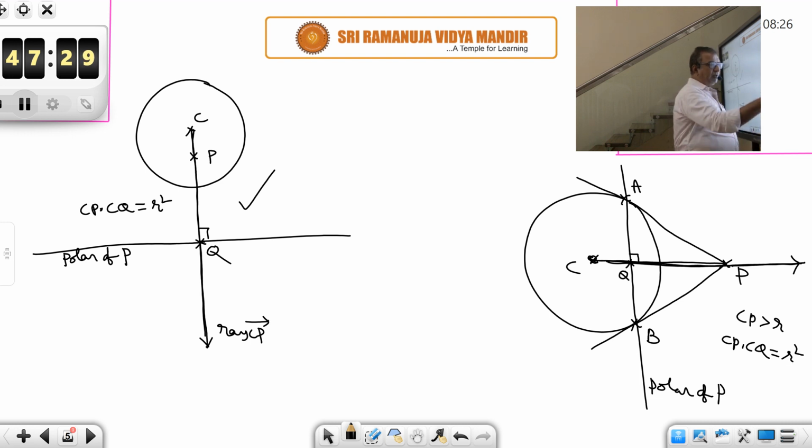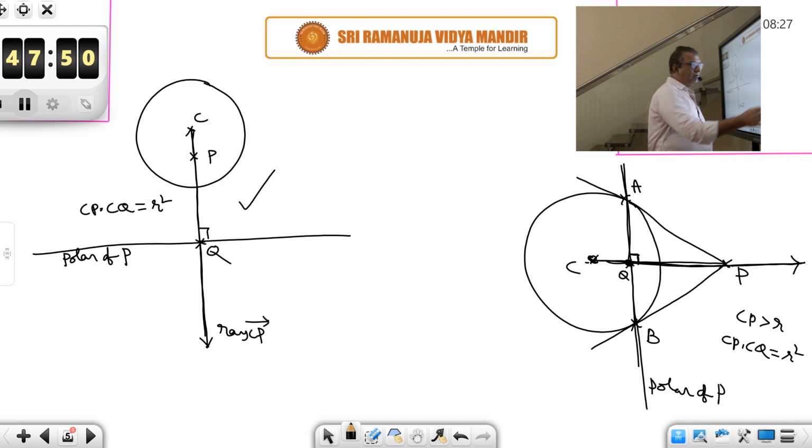But already CP is more than R because point P is outside. CQ will be less than R. So Q will be somewhere here only, inside the circle. There what I have to do? Draw a perpendicular line.